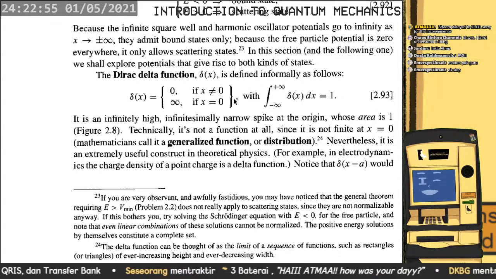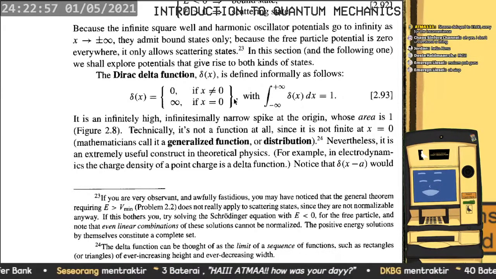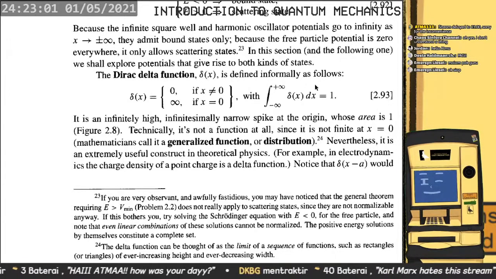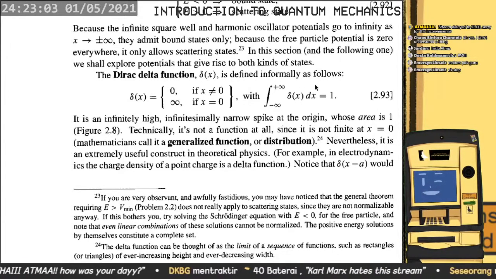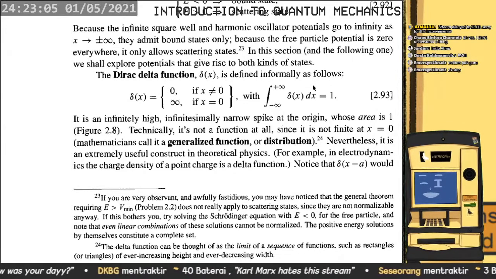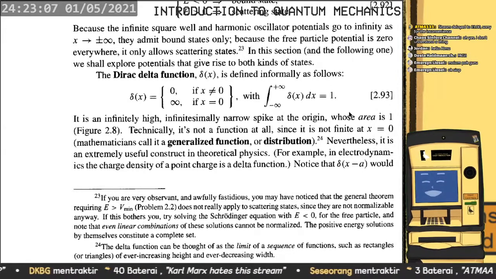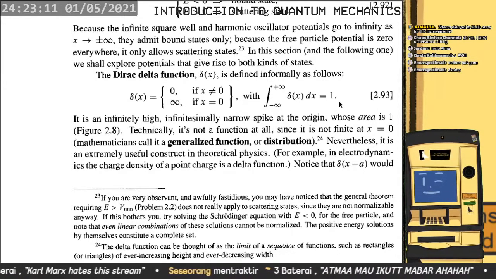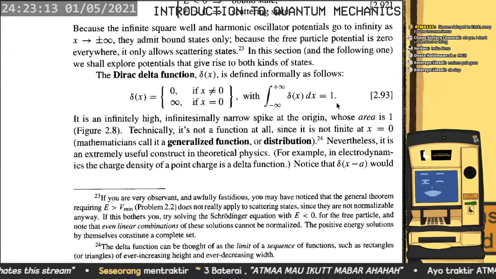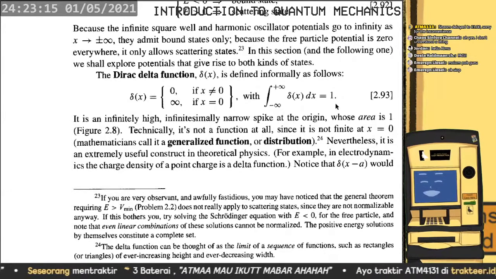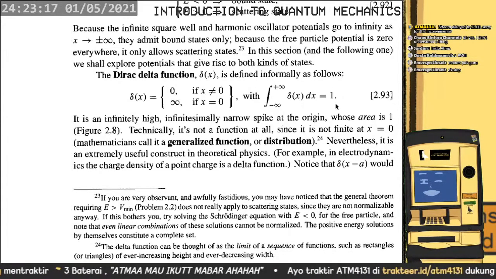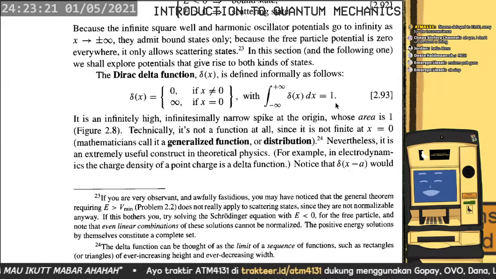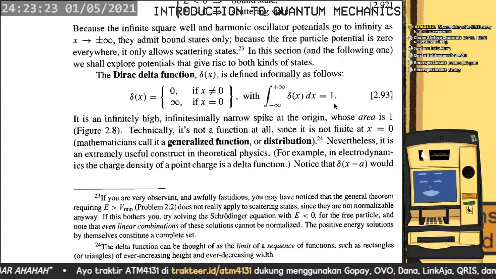It is an infinitely high, infinitesimally narrow spike at the origin, whose area is 1, figure 2.8. Technically, it's not a function at all, since it is not finite at x equals 0. Mathematicians call it a generalized function or distribution. Nevertheless, it is an extremely useful construct in theoretical physics. For example, in electrodynamics, the charge density of a point charge is a delta function.